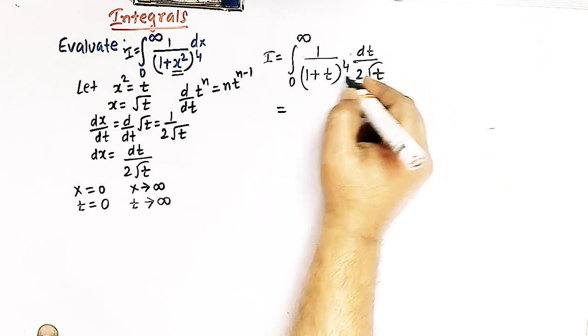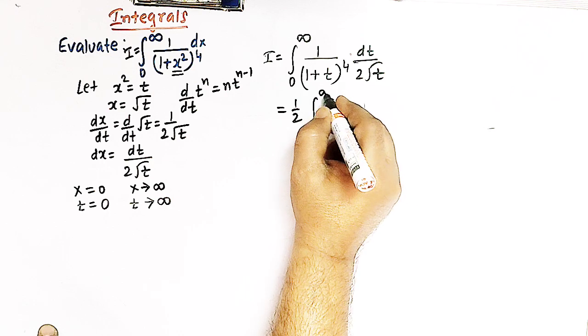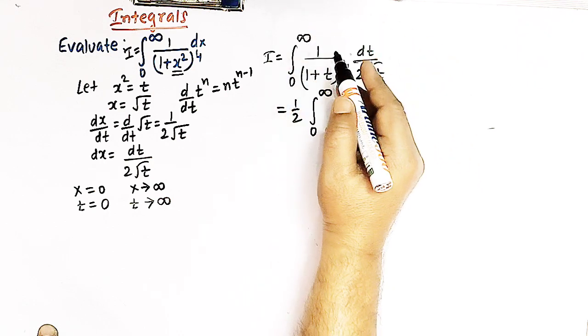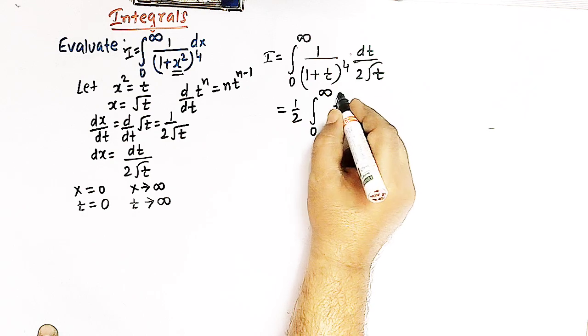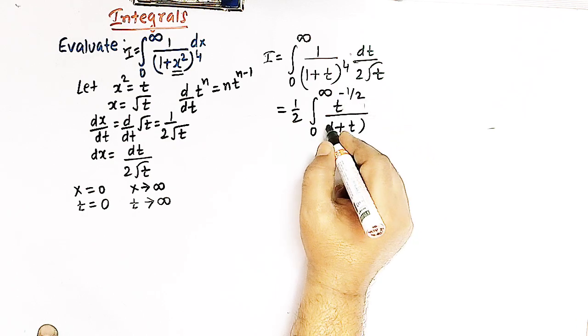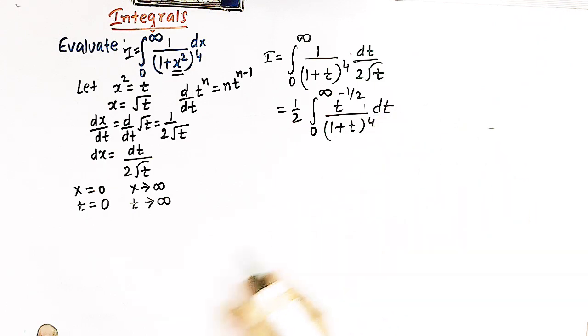So now taking half outside the integral, we have half, 0 to infinity, and taking t raised to half to the numerator, we have t raised to minus half, and here we have (1 plus t) raised to 4, and here we have dt, right?